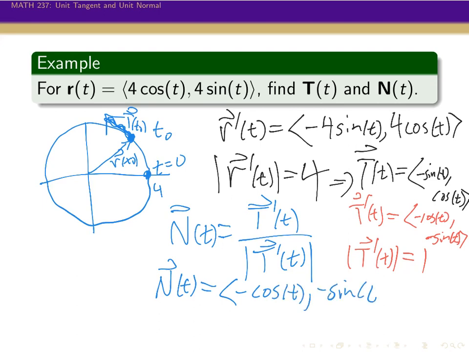minus sine t. Well, if you compare our unit normal, it looks decently like our original position function, except instead of multiplying by 4, instead of getting a radius 4, we've multiplied it by minus 1. Right? So what does that mean about the unit normal vector compared to the position vector?